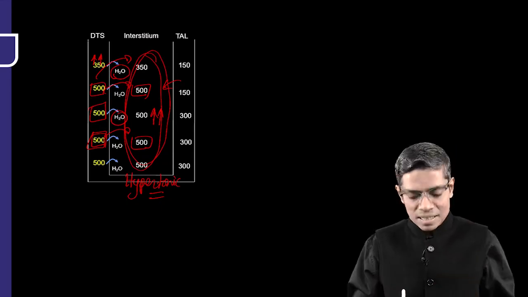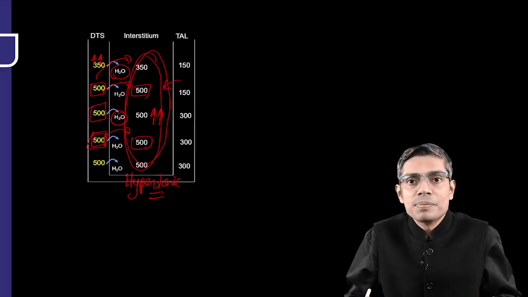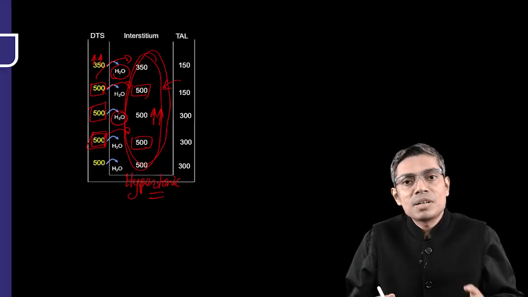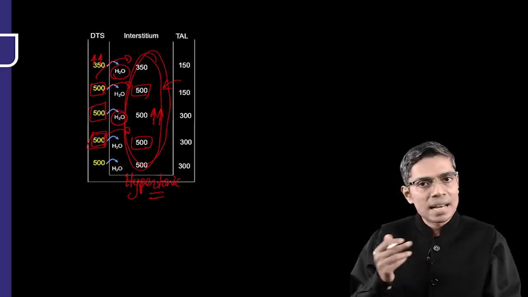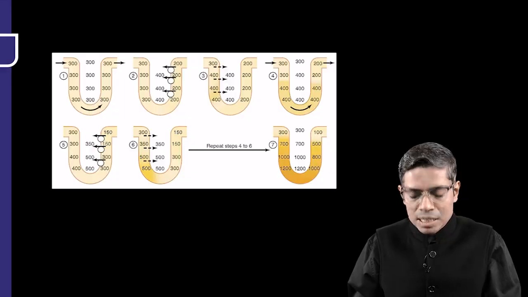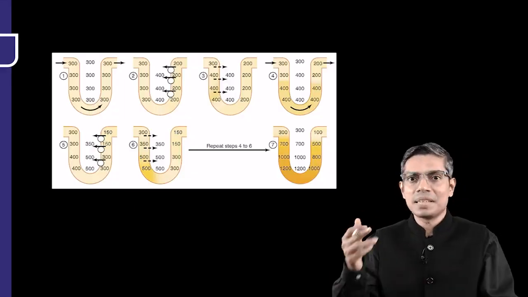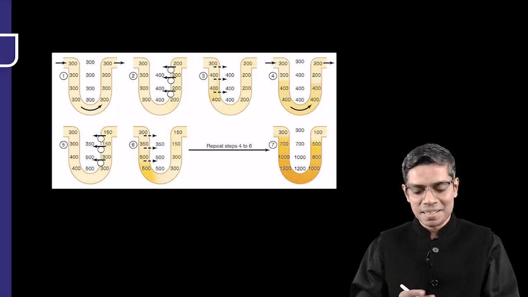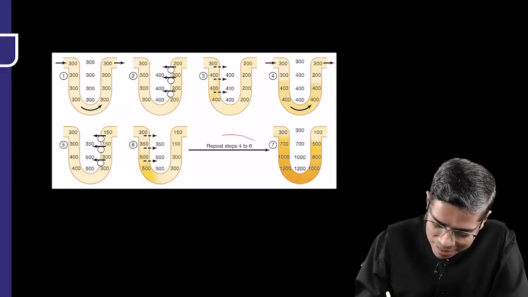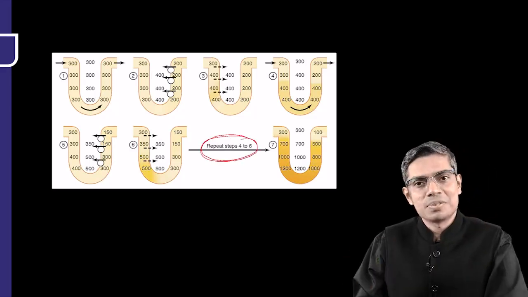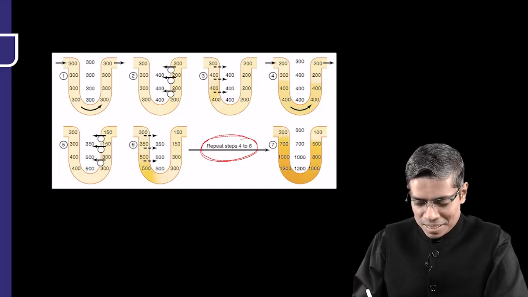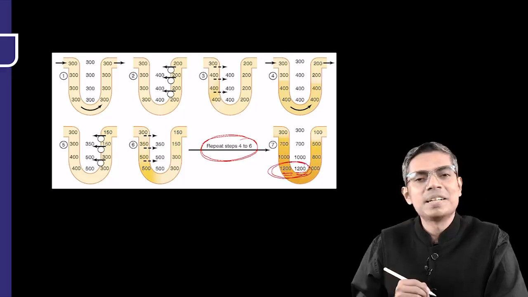But we have seen here that the number is 500, but I told you the maximum number is 1200 to 1400. So how will this happen? This cycle that I have described will continue multiple times again and again. And Guyton is saying this cycle will repeat at least 4 to 6 times, and after 4 to 6 times, the final tonicity that is going to reach here is 1200, 1200, 1200.